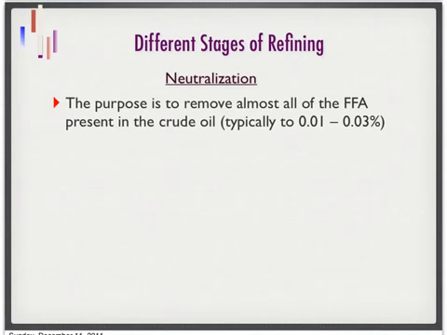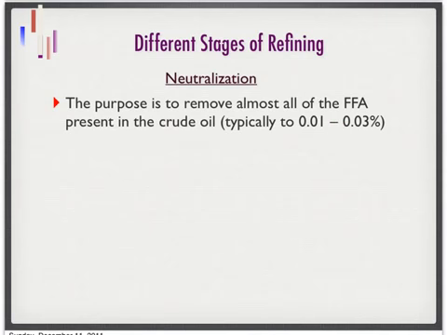is basically to remove almost all of the free fatty acid present in the crude oil down to a very low level, typically between 0.01 to 0.03%. Usually in the crude oil, we have between 3 to 5%.